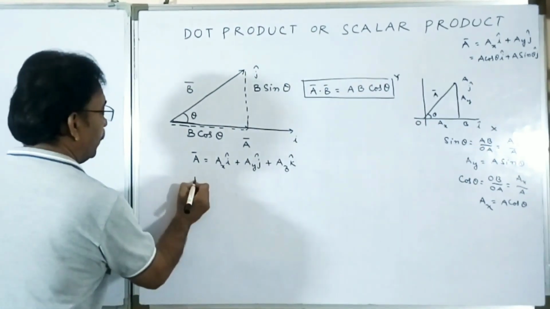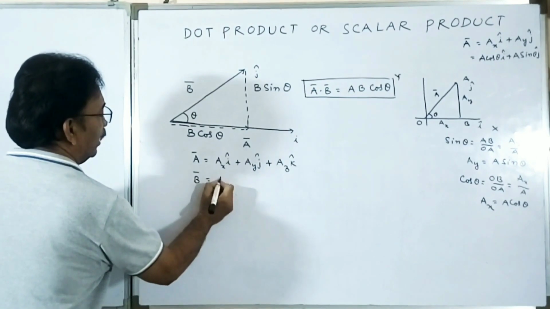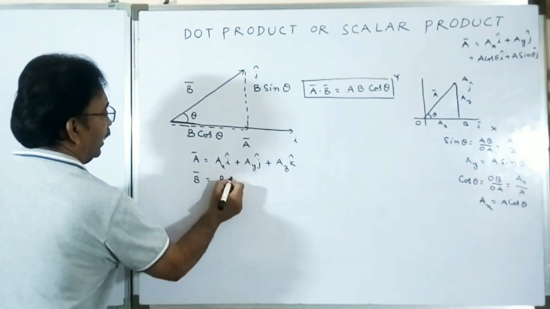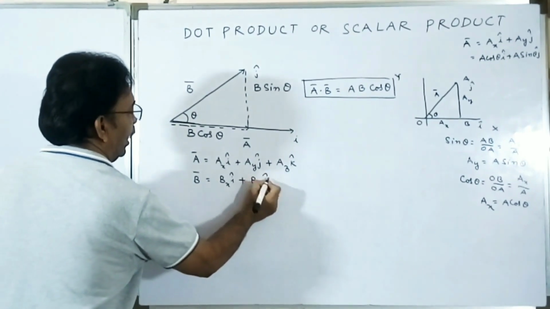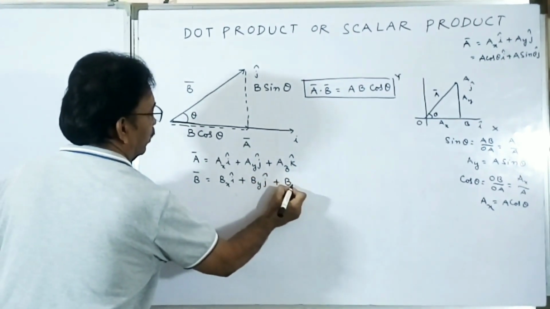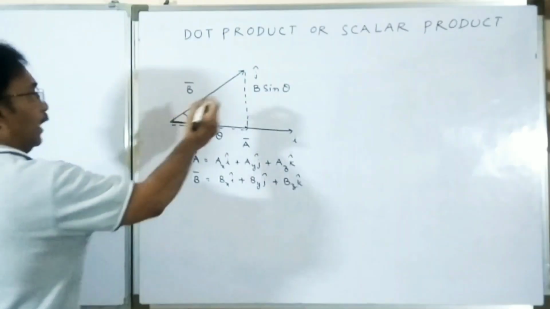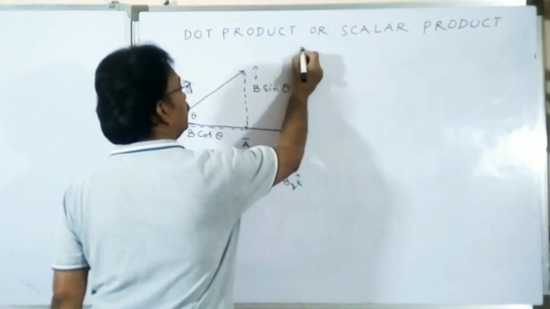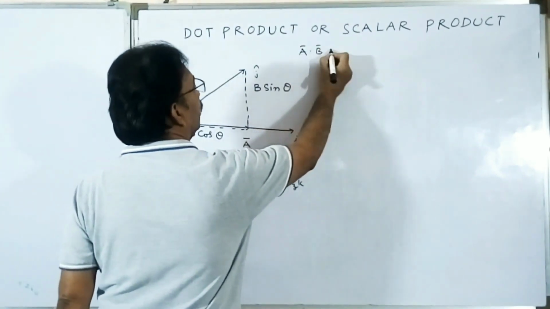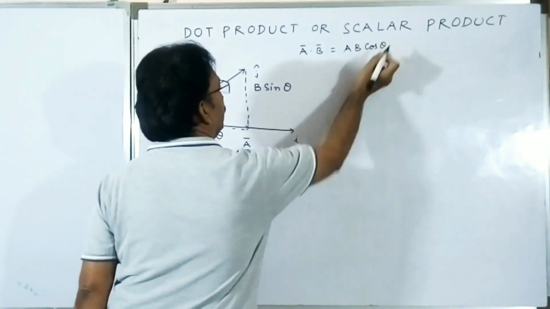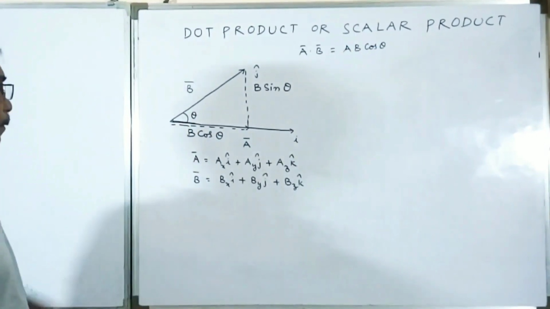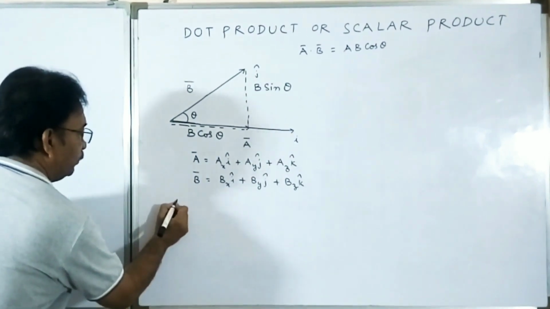And similarly, B bar is equal to Bx i cap plus By j cap plus Bz k cap. We already learned that the dot product of the two vectors A bar dot B bar is equal to AB cos theta, and we are multiplying it.